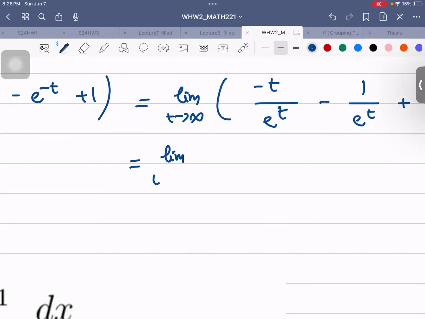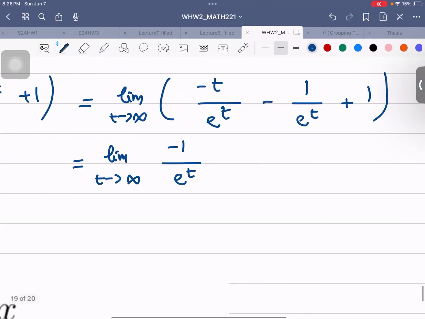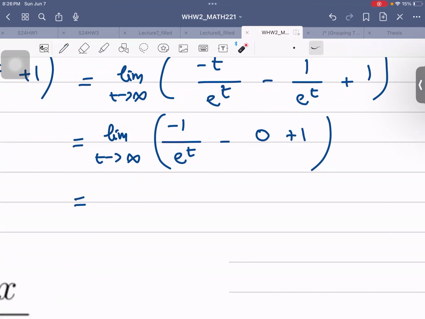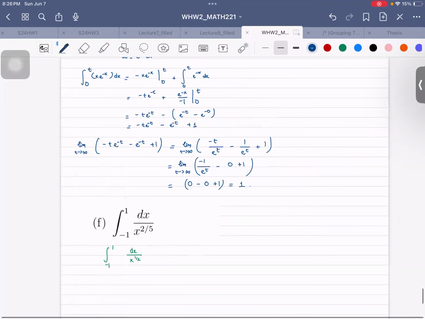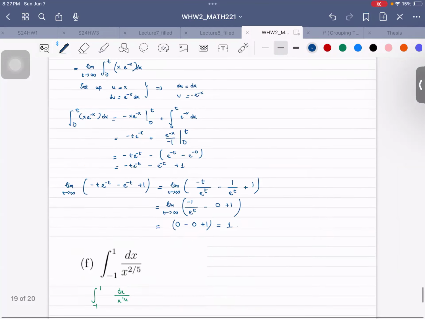So I will have the limit as t goes to infinity of negative 1 divided by e to the t, minus 0 plus 1. After I use L'Hôpital's rule, the derivative of negative t is negative 1, a fixed number, and now you divide by something really large, you will have 0. So you have 0 minus 0 plus 1, which is 1. So this integral converges.